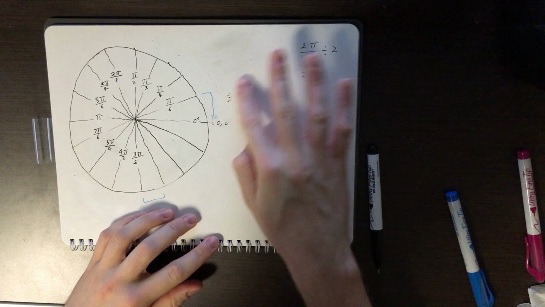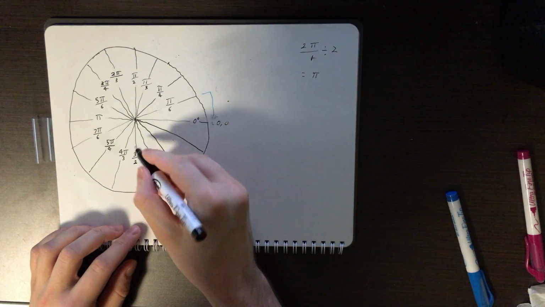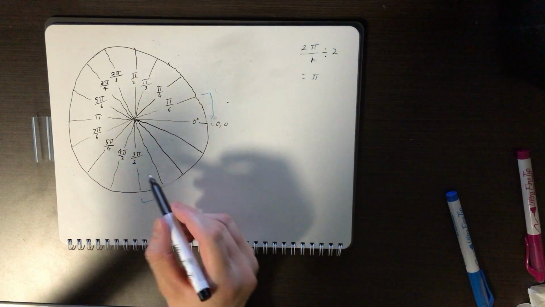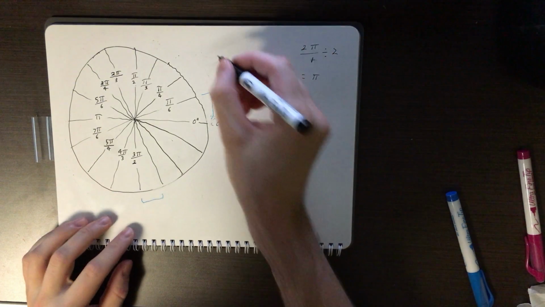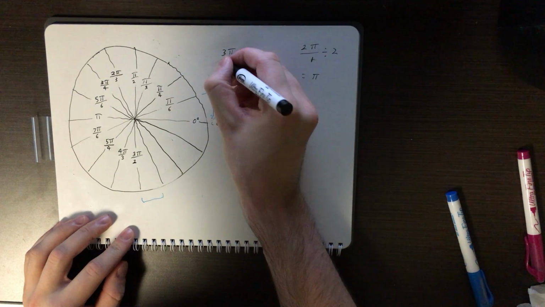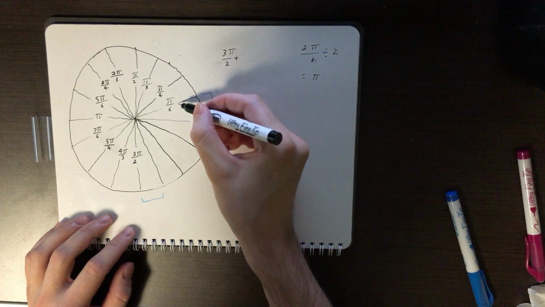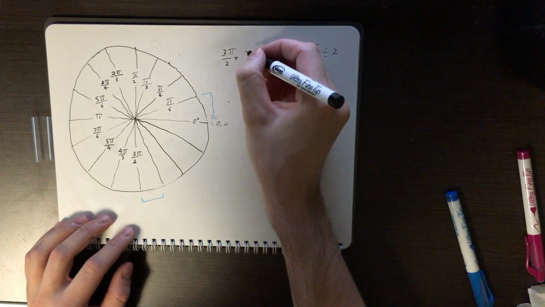So again, we'll use this as our midpoint now, or as our fraction to add to. So now we have 3 pi over 2 plus this distance, which is actually just pi over 6.